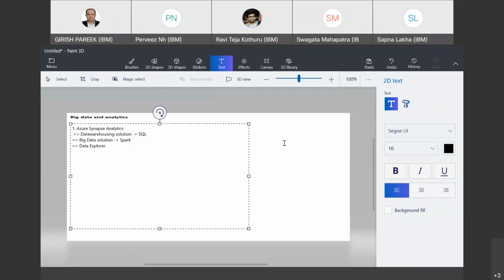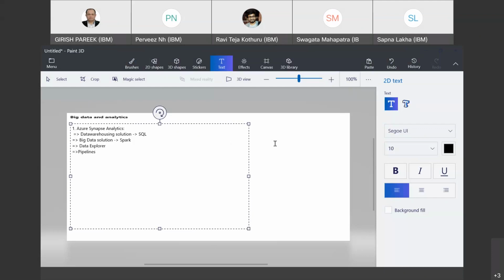And few more, like pipelines, which is for data integration and ETL. So Data Explorer is to do the logging and time series analysis.